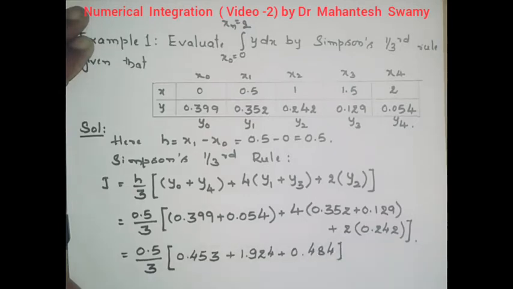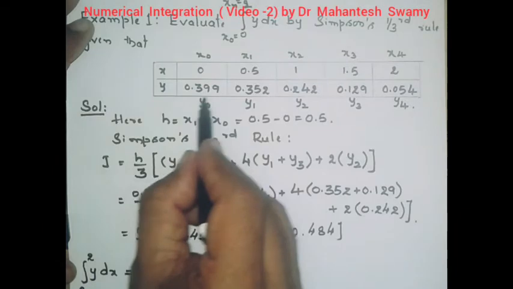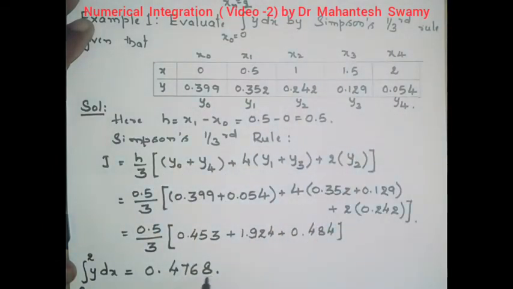So in the next step, let us add these three values, multiply by 0.5 and then divide by 3 to get the final value, that is 0.4768. This is the required value of the given integral, that is 0 to 2 of the integrand y with respect to x. The values of y have been specified in the table, and this is the required value of the given definite integral.